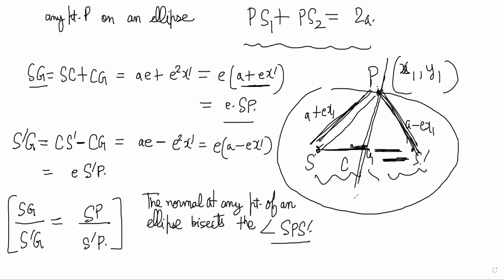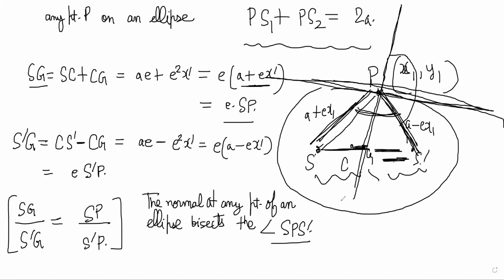So normal will always bisect that angle. In a similar way, you can also show that the tangent will bisect the exterior angle. There will be an exterior angle also, right? Tangent will bisect the exterior angle. Normal will bisect the interior angle. This is an important property which might come in handy at some stage.